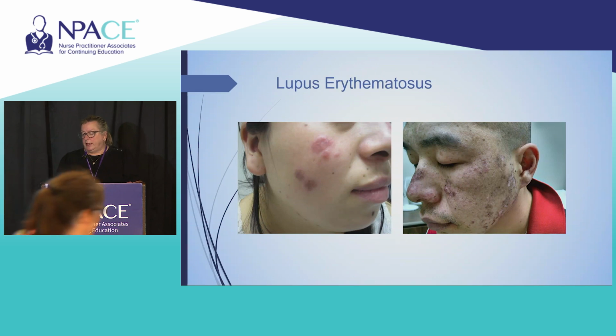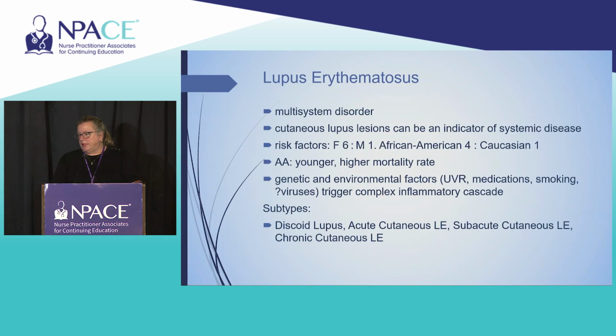But the big question here is, is it isolated to the skin, or are we looking at a systemic lupus situation? So we know that lupus is a multi-system disorder. It affects Black women far more often, and it affects African Americans at a younger age with a higher mortality rate. So we want to catch lupus as early as we can and treat it as aggressively as we possibly can.